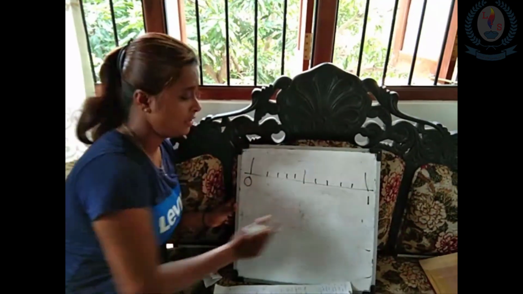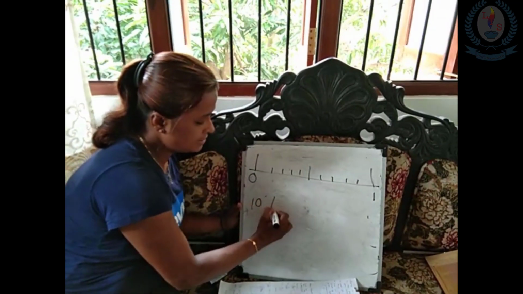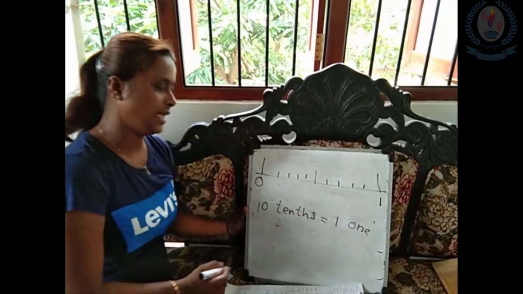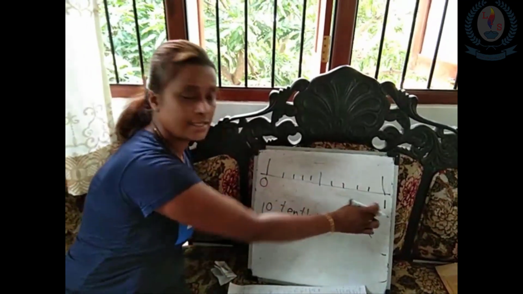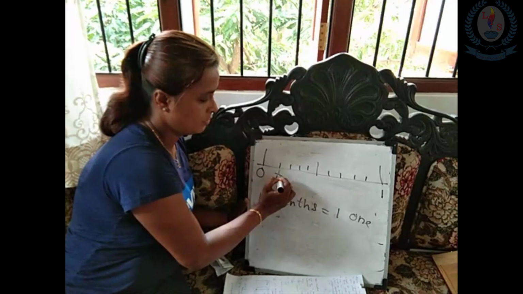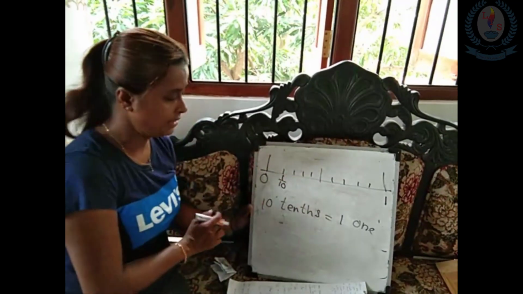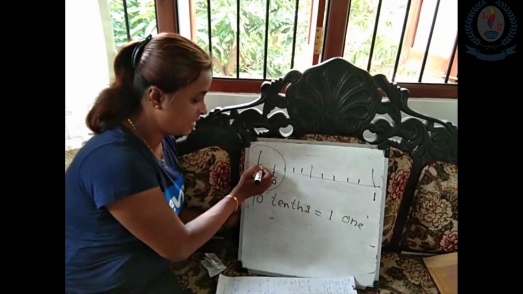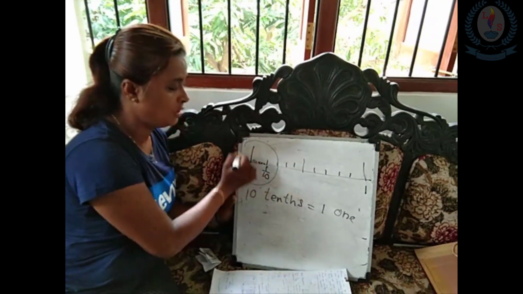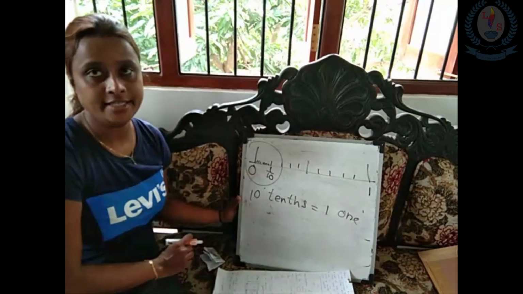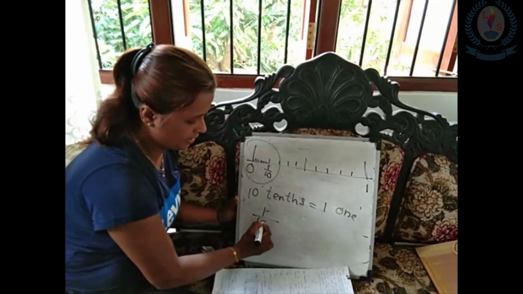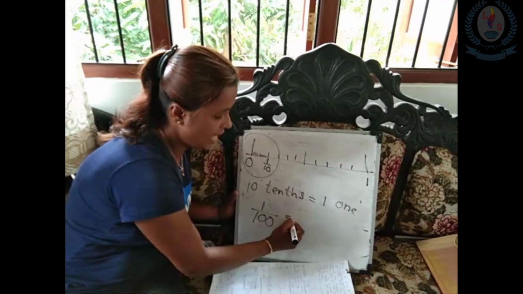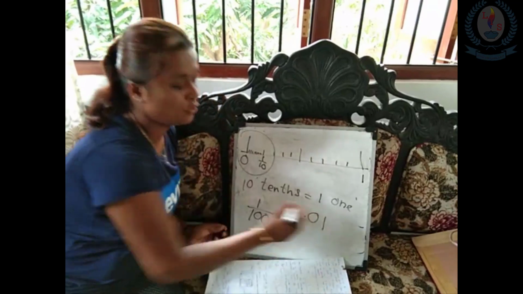From 0 to 1, you learned that 10 tenths make 1 one. Each part is 1/10. This small part from 0 to 1/10 again can be divided into another 10 equal parts. Each small part is called one hundredth. This hundredth we can write as a decimal as 0.01.